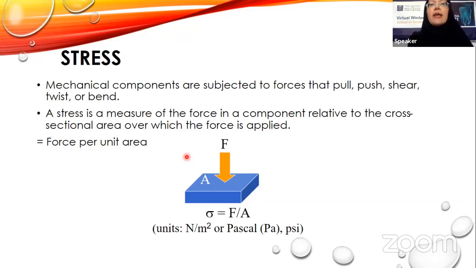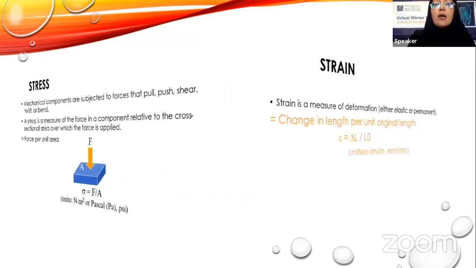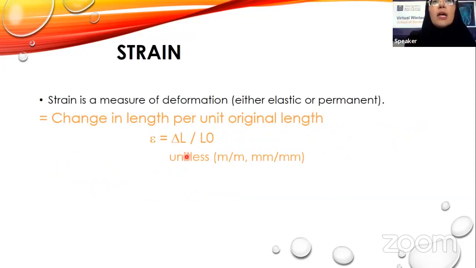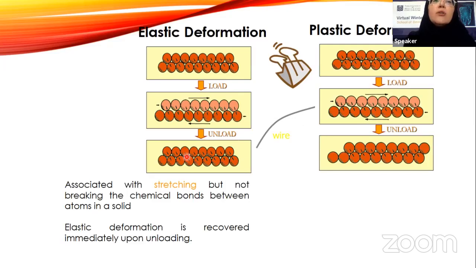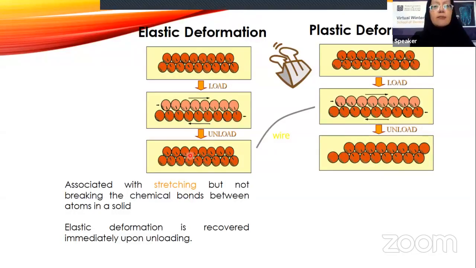This stress may cause movement in the material, or if the material cannot move, deformation happens. We call this deformation in mechanical science strain, which, as you know, is unitless. We have two kinds of deformation: elastic deformation and plastic deformation.